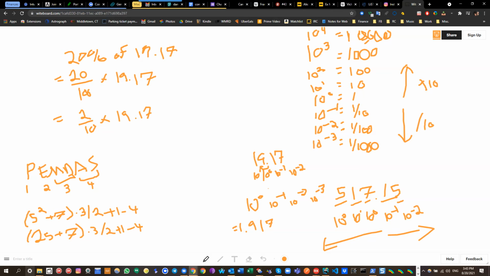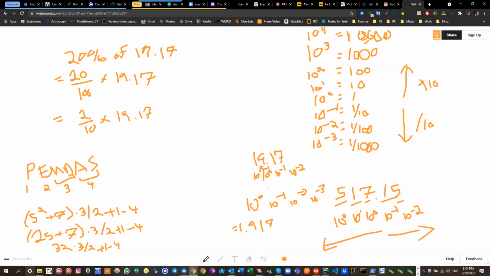Now I have to do the plus 7 part, so that's 32 times 3 divided by 2 plus 1 minus 4. Now I have to do the multiplication and or division. That's this 32 times the 3 divided by the 2. Now because these are interchangeable, I could do 32 divided by 2 times 3 if I prefer.